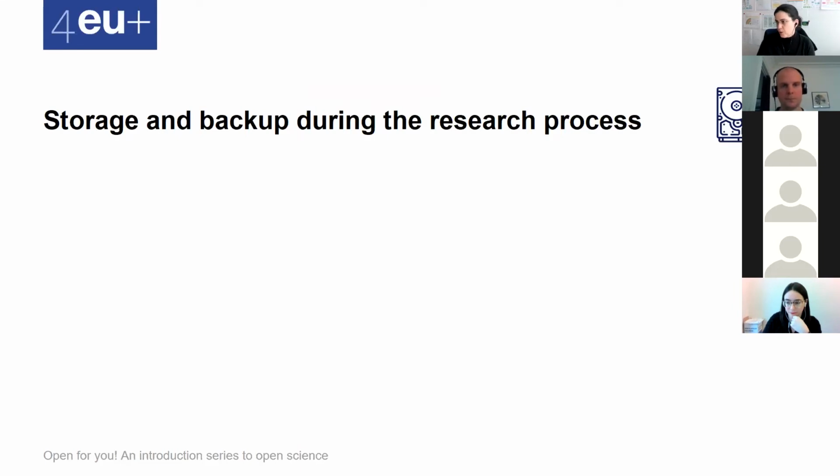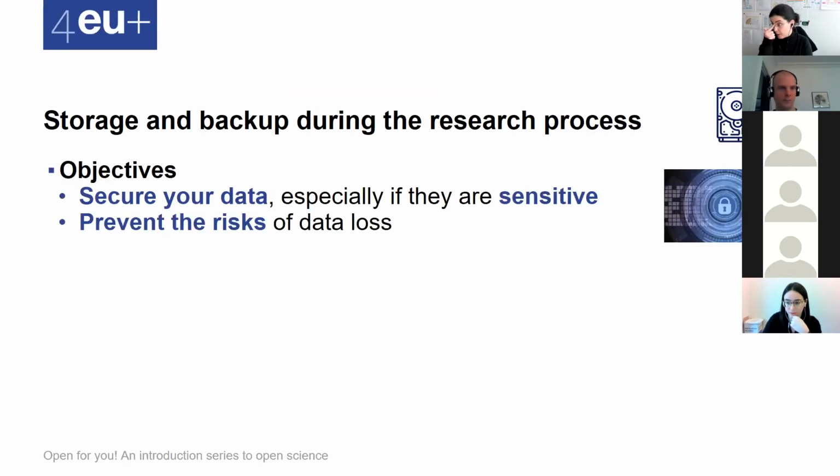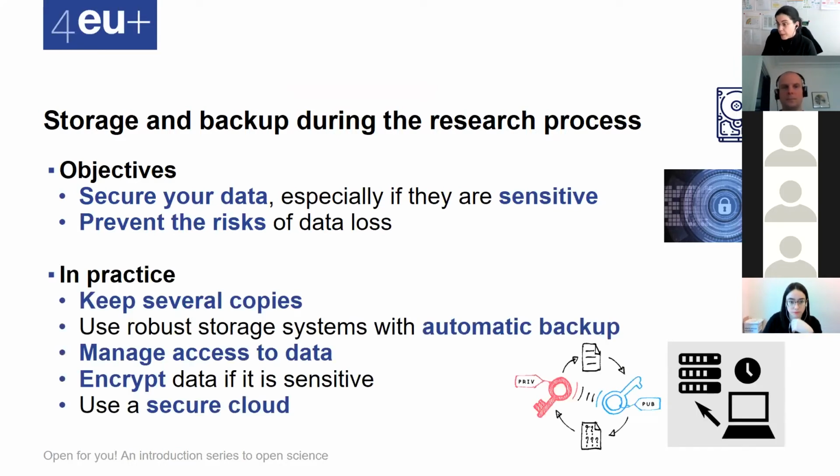For the part about storage and backup, the objective is to secure your data, especially if they are sensitive, and to prevent the risk of data loss. In practice, we recommend you keep several copies of your data in different storage locations.